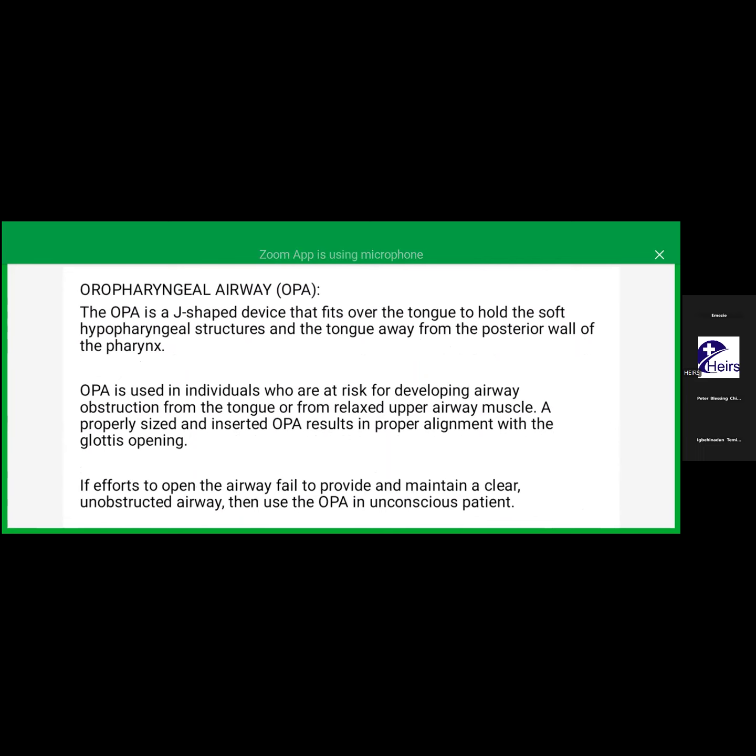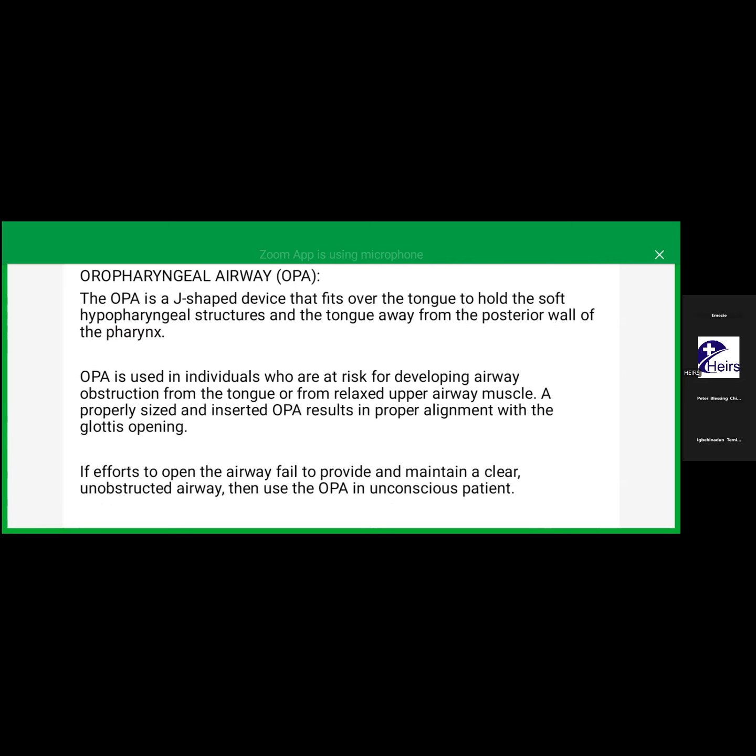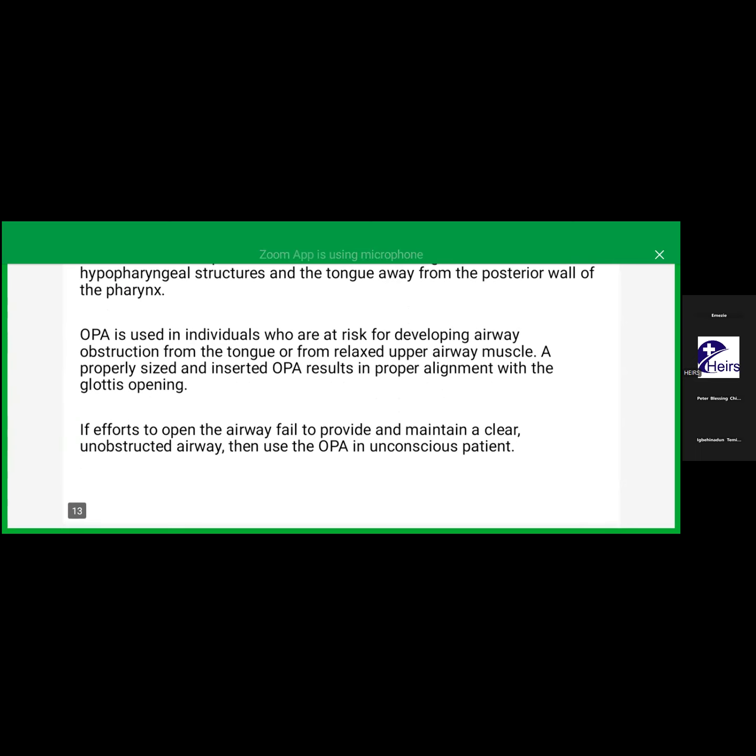So we're able to say that the oropharyngeal airway is a J-shaped plastic device that can fit in the mouth, and it tends to press the tongue down in order to prevent it from falling backward, and helps to open up the airway.